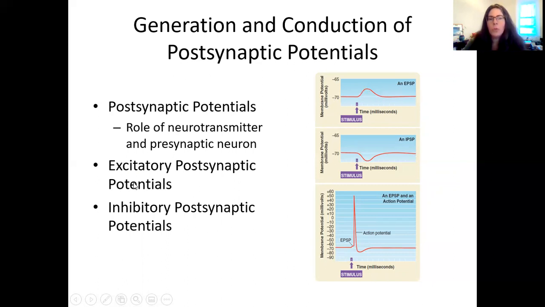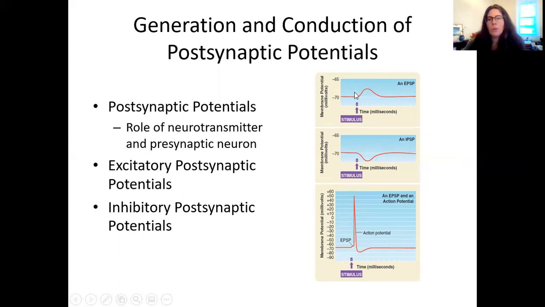An excitatory postsynaptic potential is going to decrease the polarization, or it's going to move the charge inside of the cell to become less negative. It's going to move it towards 0. 0 would be no polarization, no difference in charge between the inside and outside of the cell. So excitatory postsynaptic potentials change the voltage inside the cell, and it becomes less negative.